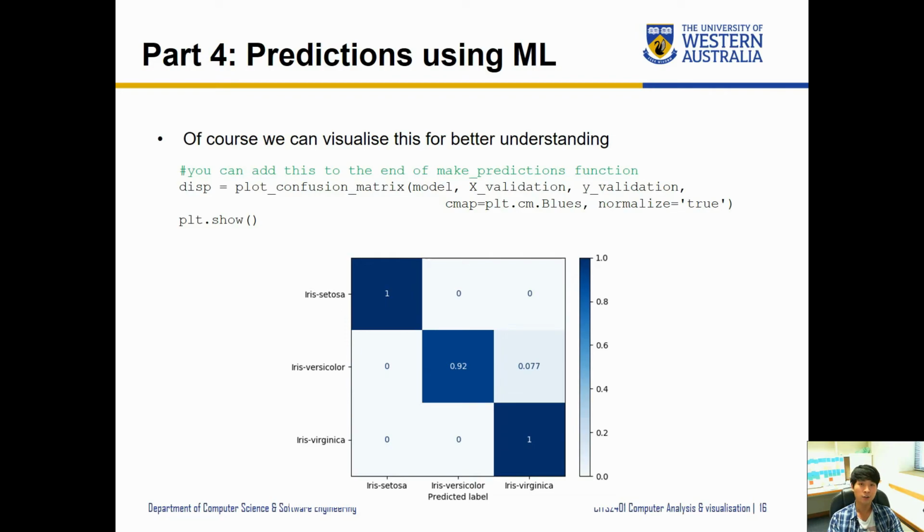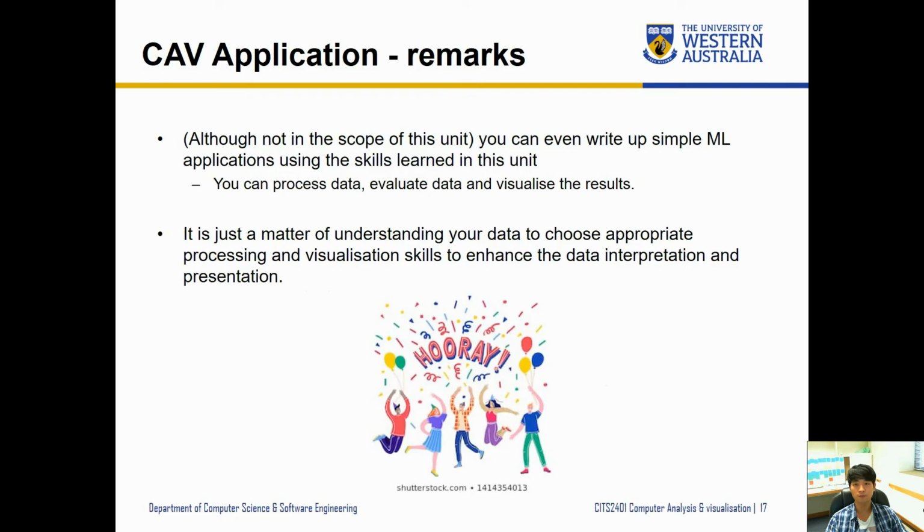Scikit-learn is one of the big libraries that people use for machine learning. But if you'd like to get into deep learning, PyTorch is another library that gets utilized a lot. Although not in the scope of this unit, you can even write simple machine learning applications using the skills learned in this unit, and also visualize them to show the results, not just in text form, but in a graph format that can be interpreted and understood much more easily.